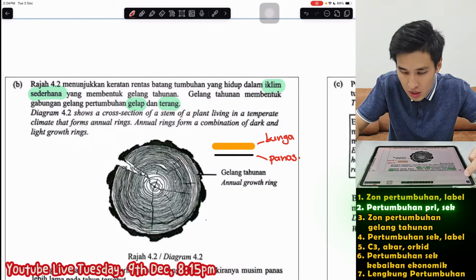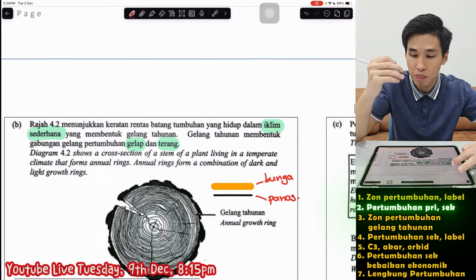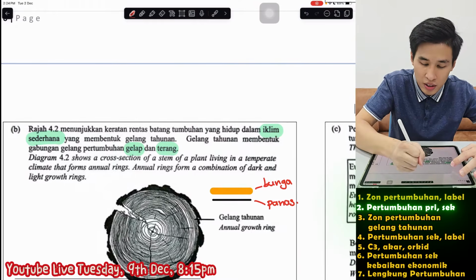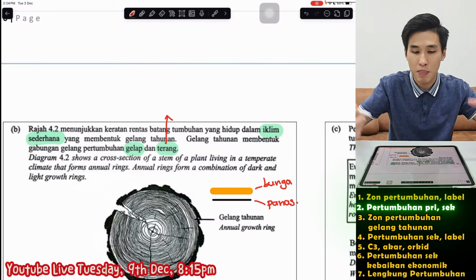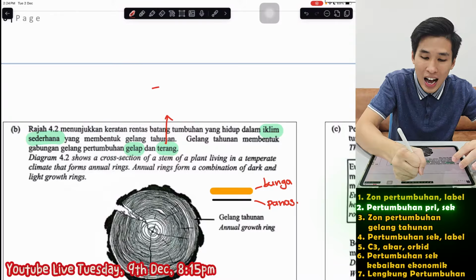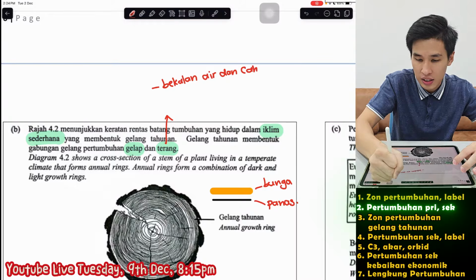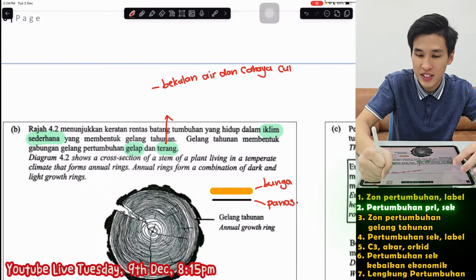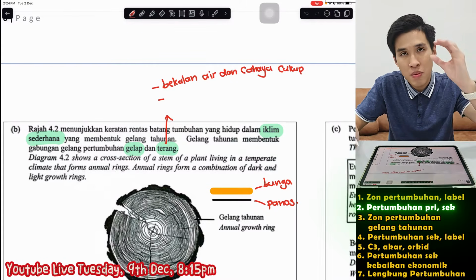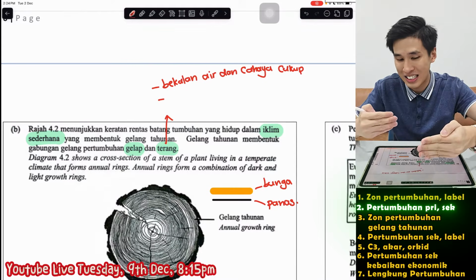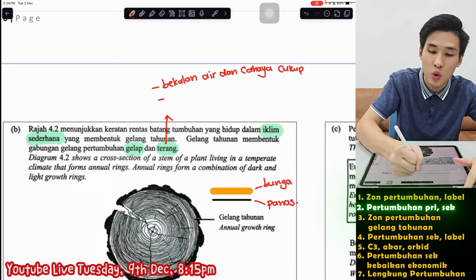Now why? Because semasa musim bunga, terang one, you can see dia lebih besar. Sebab bekalan air dan cahaya adalah cukup. Got enough sunlight and water. So the main process yang membentuk gelang-gelang ini adalah pertumbuhan sekunder.